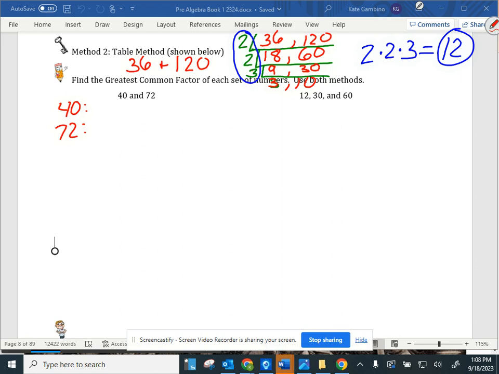Will? 1 and 40. Madden? 4 and 10. Emerson? 2 and 20. Do you have anything in the middle there? Oh, we have 5 and 8. I think that's it.